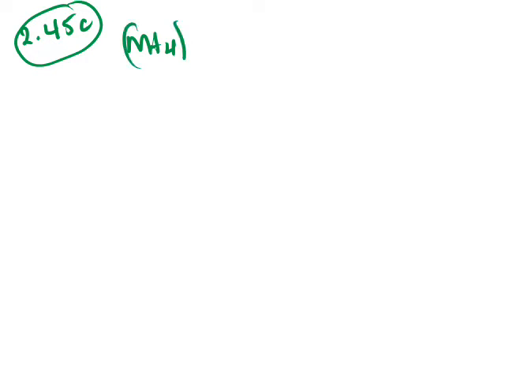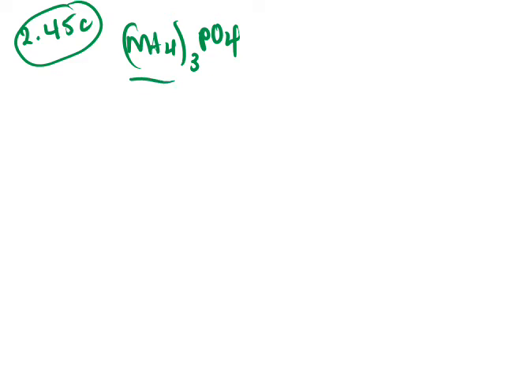Now we are going to do problem 2.45C. So let's write down 2.45, chapter 2, number 45C. The question is, how many hydrogen atoms are there in each of the following? They gave you ammonium phosphate, (NH4)3PO4.